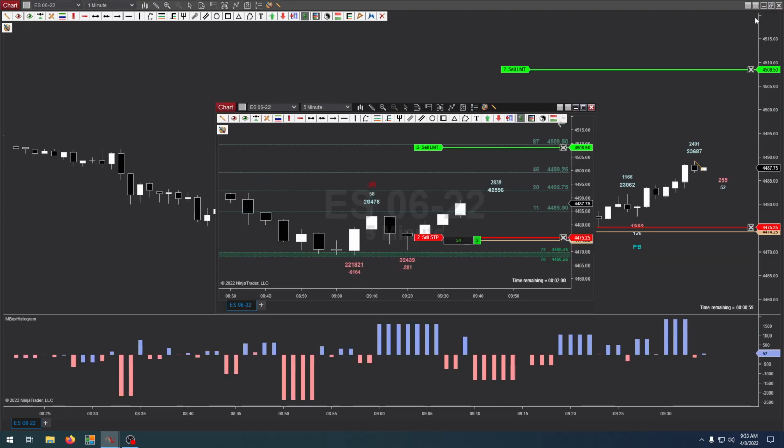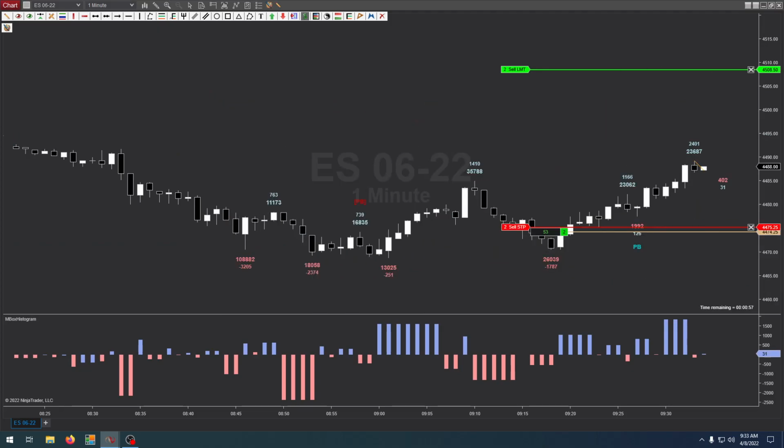We probably had some good bit of demand come in here on the 1-minute, which we did. So now we need to confirm swing short on all 3 time frames. That's what we have to be aware of. So we want to allow that to happen.